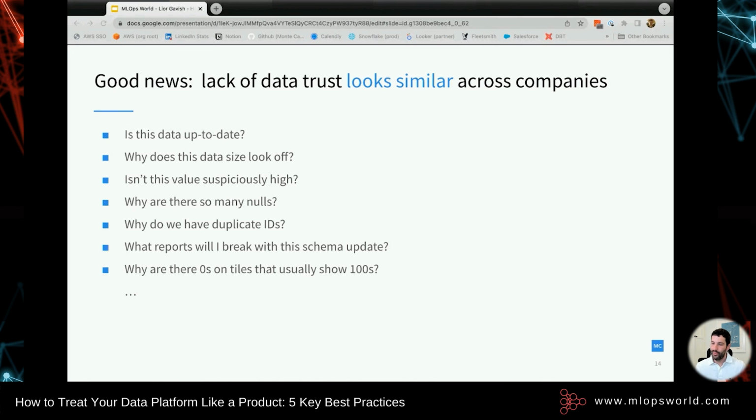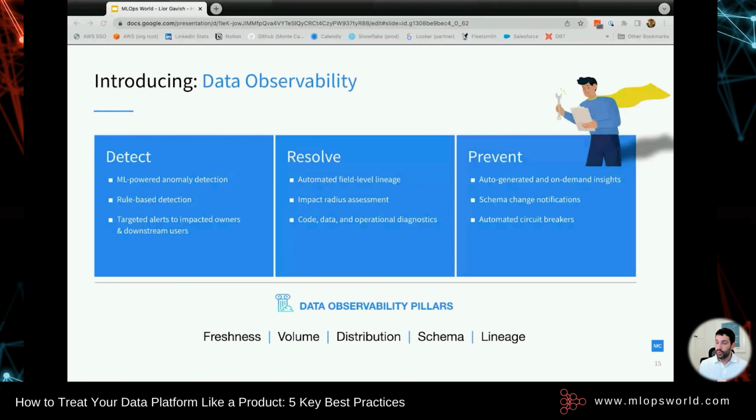And so data observability is basically the idea of collecting a lot of information from the system, metadata, logs, metrics, measuring all of these different questions that essentially every data platform needs to deal with, and giving people the tools to both alert when there's issues, the tools to then resolve those issues, and then the tools to prevent issues in the future, right?